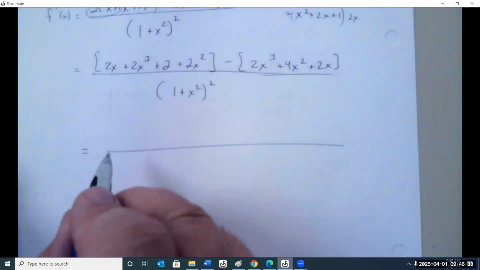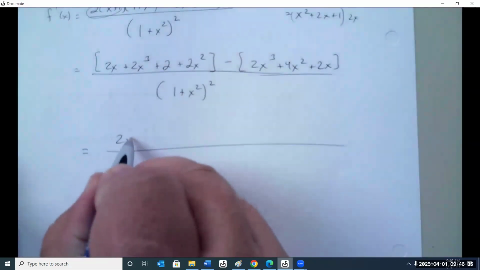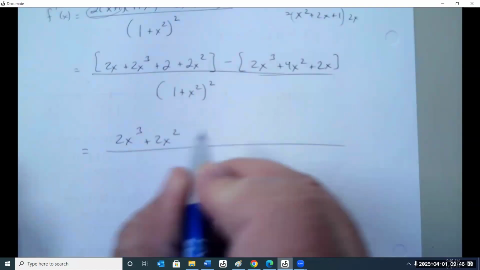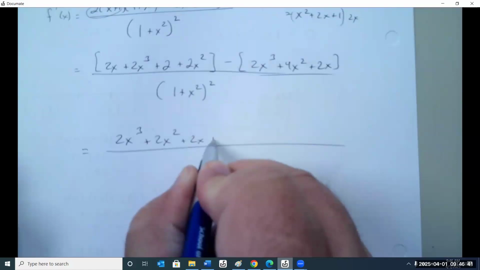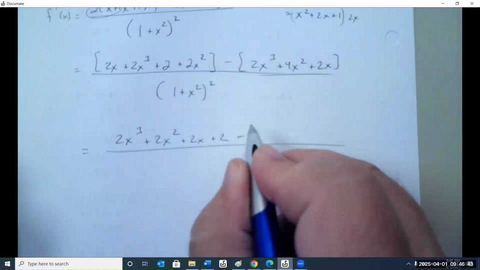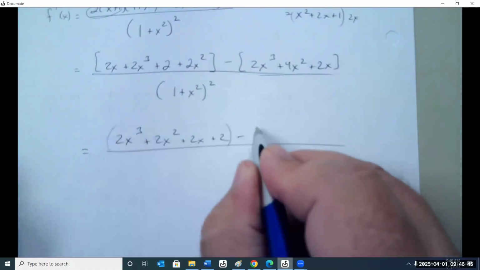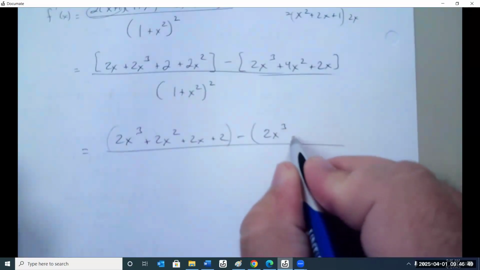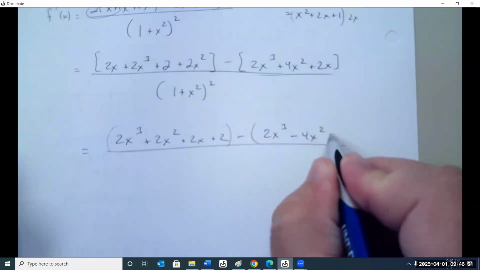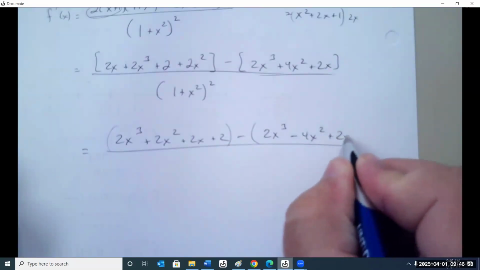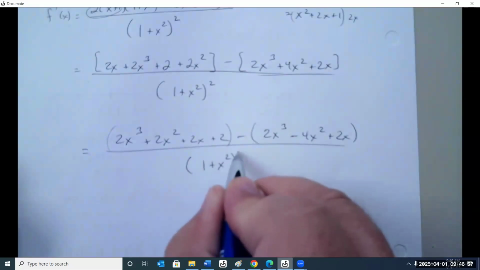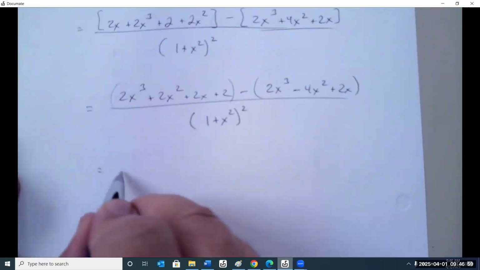Combine like terms. So I have 2x cubed plus 2x squared plus 2x plus 2, minus 2x cubed plus 4x squared plus 2x. I can remove the parentheses now.